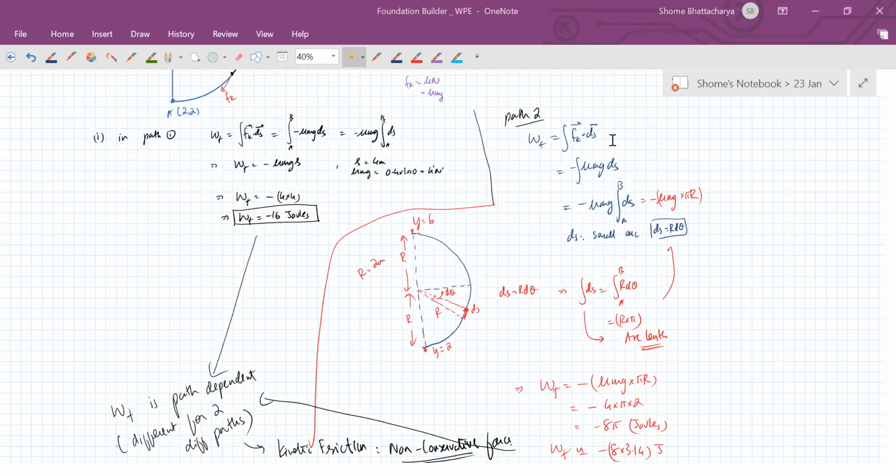So the last session, we had just discussed the definition of conservative and non-conservative forces. And from there only we are continuing today.